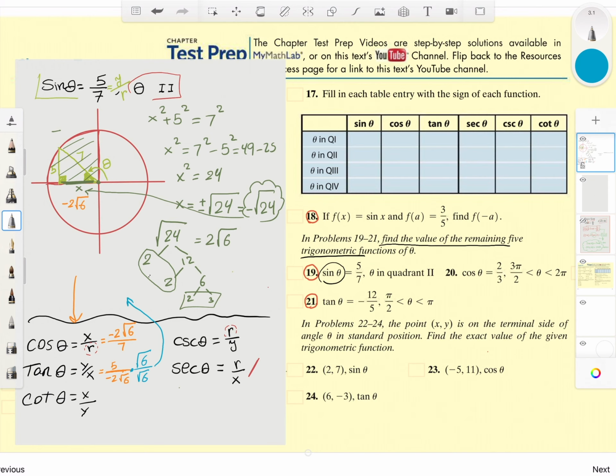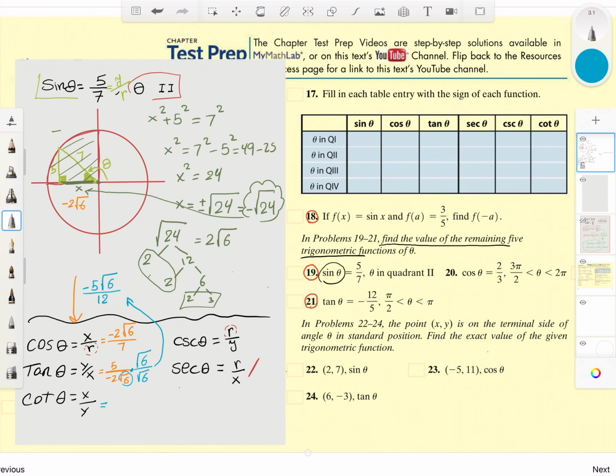This will be negative 5 root 6 over 12, because root 6 times root 6 is 6, and 6 times 2 is 12.